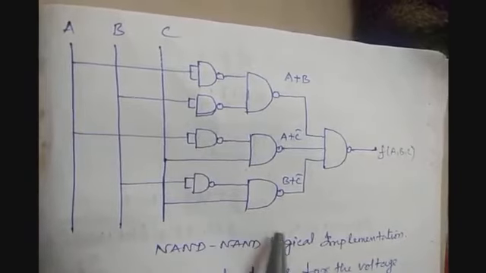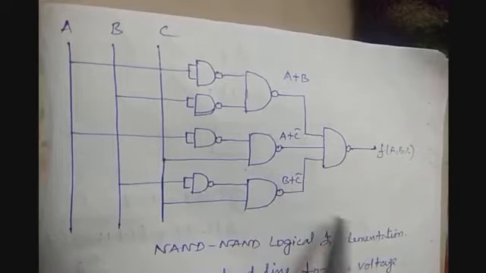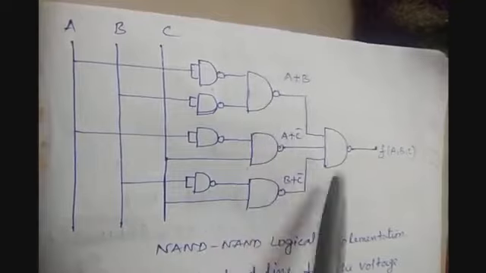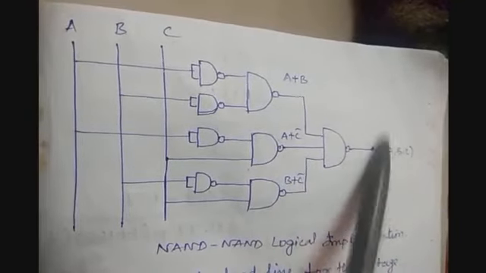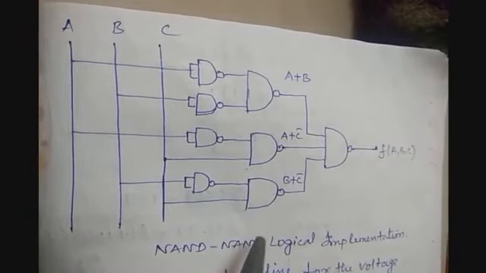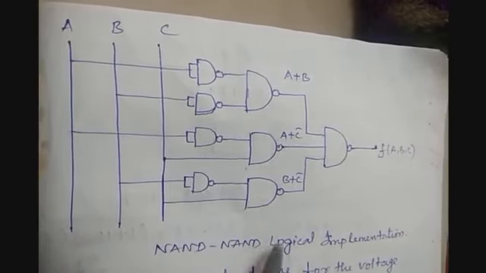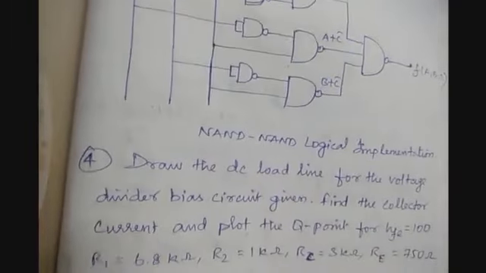I am using those OR realizations. Finally, we add all of these, multiply, and complement all of this; simply I am using one NAND gate. Finally, I got the value. So this is one way, and another way is AND-OR implementation. First you draw the AND-OR implementation, later you can draw the NAND implementation. That is also correct.